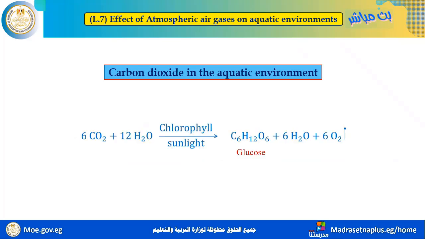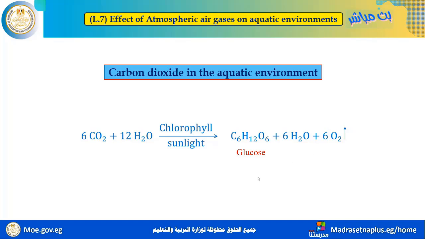And how the glucose is formed, let's see the following equation. The following equation shows how the glucose is formed through the photosynthesis process, where the plant needs carbon dioxide gas and water in the presence of chlorophyll and sunlight to produce the glucose, and water and oxygen are released.